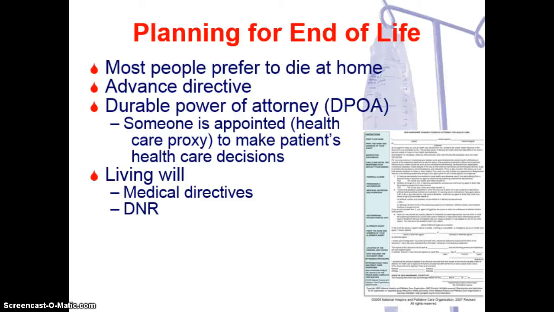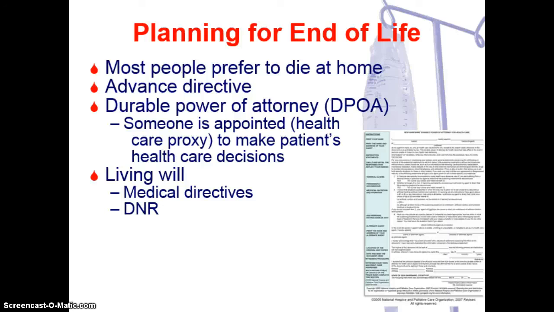When you are considering advance directives, living wills, durable power of attorneys, a person has to meet three criteria. So they have to be able to receive information, but they may not necessarily be alert and oriented times four, but they do have to be able to consciously receive information.